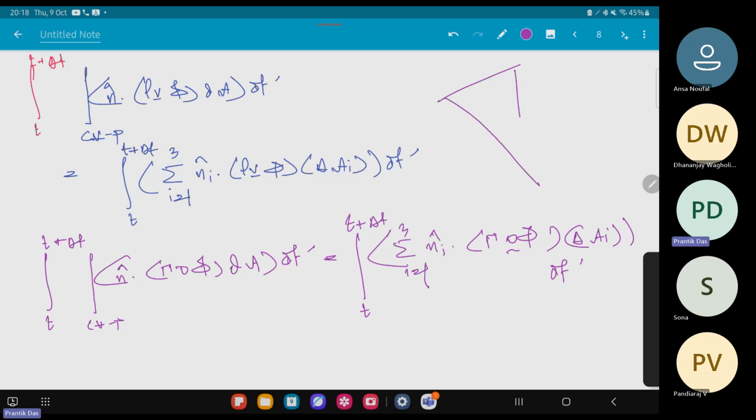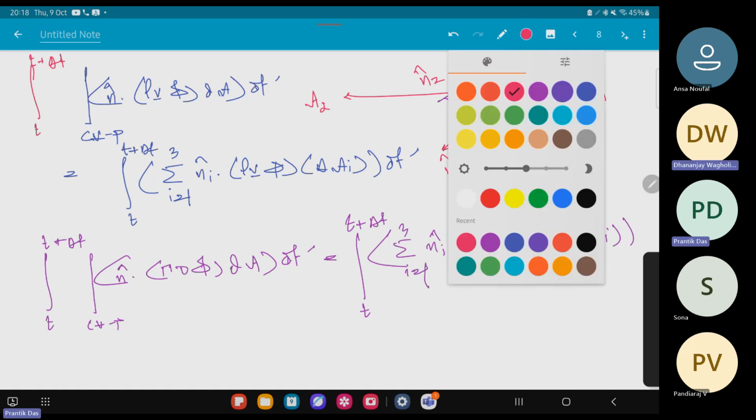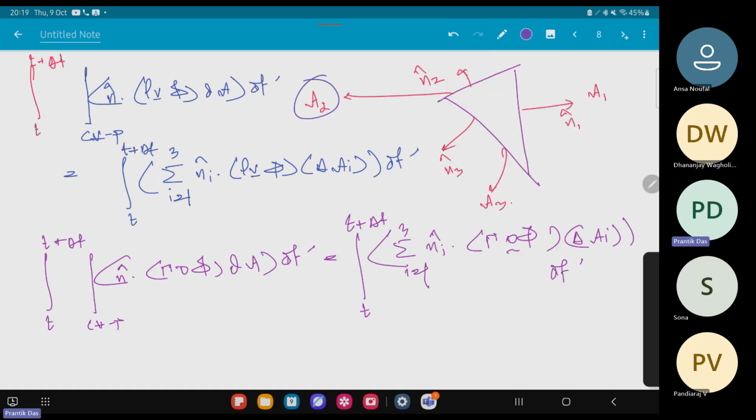So if I redraw it, this is n3 cap, the area corresponding to this is A3, this is n1 cap, the corresponding area is A1, and this is n2 cap, and the corresponding area is A2. Okay, so now the convection and the diffusion terms will need further processing.